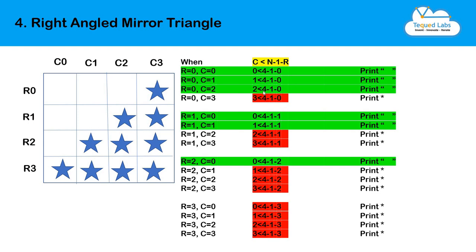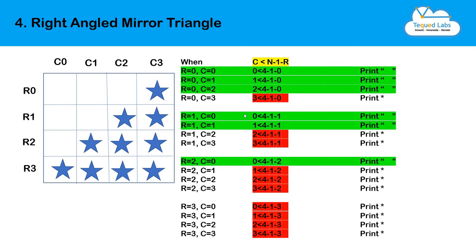Is 2 less than 3? Yes, so print a space. Now, moving on to the important cell. R0, C3. If we substitute, we get 3 less than 4 minus 1 minus 0. Is 3 less than 3? 3 is not less than 3. So you have to print a star.